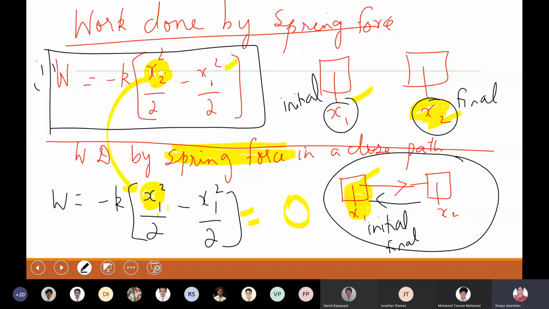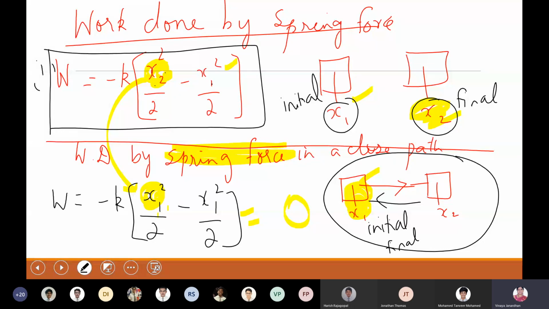That is what we call elastic potential energy. The moment you leave it, all the potential energy stored in the bow will be transferred as kinetic energy to the arrow. That's the reason the arrow moves forward.